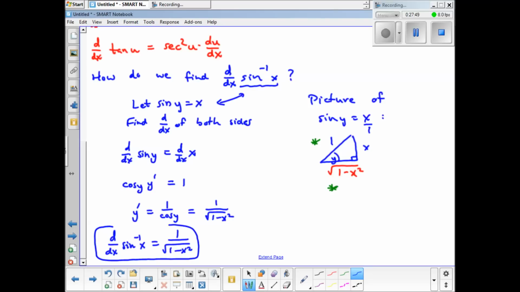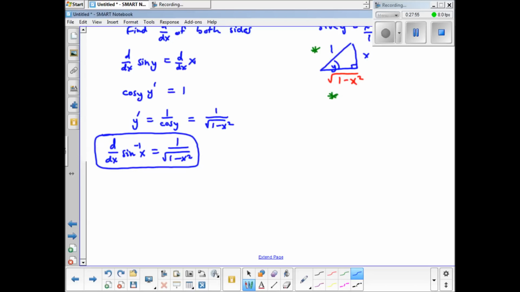Okay, and then if you do the inverse cosine, the inverse tan, and the others, they all start to kind of look like this. Yeah, so we'll do a couple more here real quick. We'll speed it up. I don't want this video to go too long. Let's write down the chain rule version of that real quick.